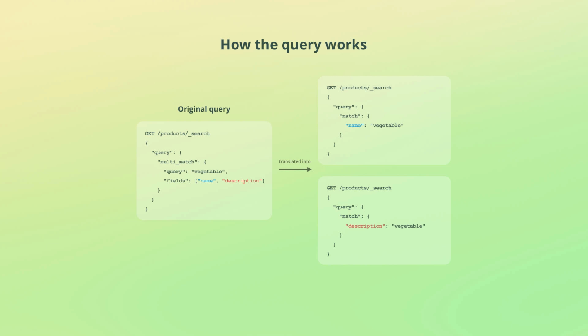Elasticsearch actually rewrites the query internally to look something like this. As you can see, 2 match queries are constructed, one for each field. If at least one of them matches for a document, then that document will be part of the results. Technically, this is a slight simplification, but it's close enough.